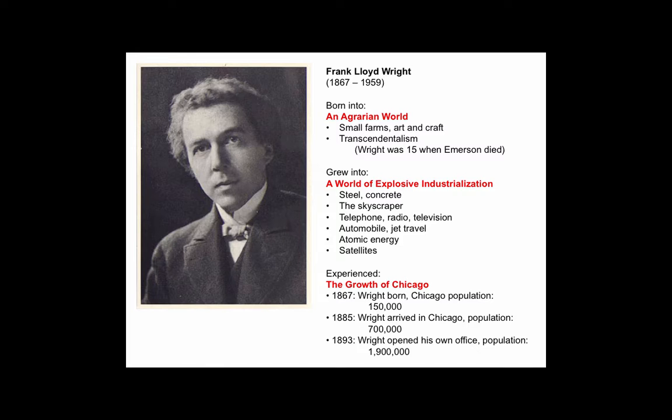In 1867, when Wright was born, the population of Chicago, which was the big city in the Midwest where he was, was 150,000. When he moved there, it was 700,000. When he opened his own office, it was $1.9 million. So where have we seen growth like that recently?